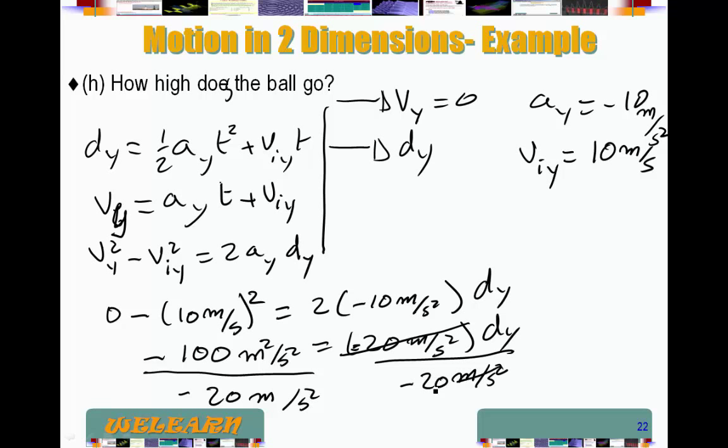The minus cancels out, the second squared cancels out, one of the meters cancels out, and we have 100 over 20. That gives us dy is equal to 5 meters.